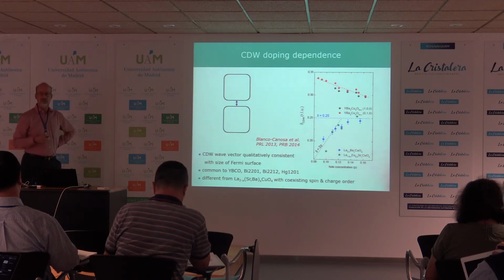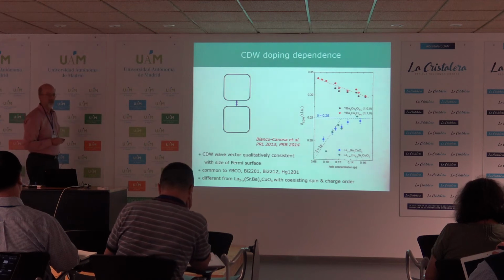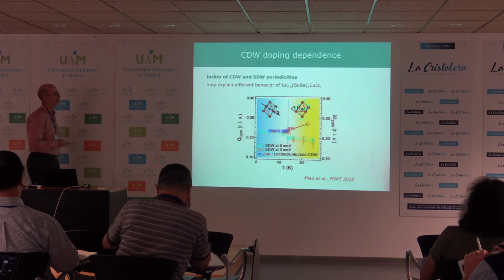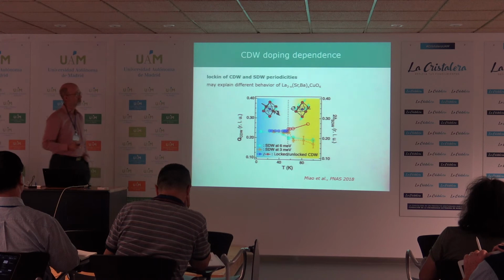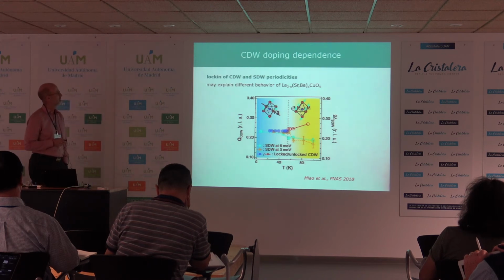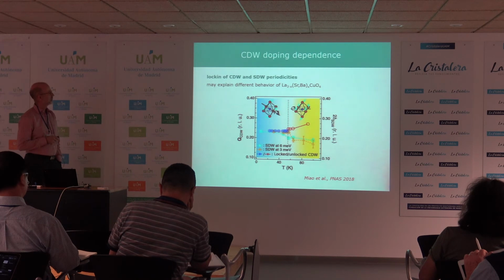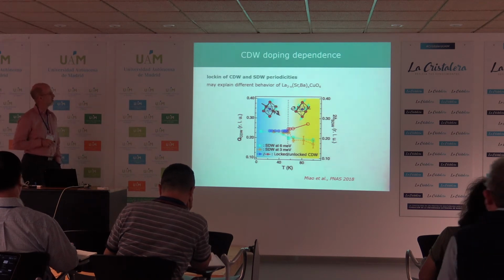This is no doubt a consequence of the fact that you're now dealing with stripe order here, with a magnetic and a charge component. Recently there's been some work elucidating the wave vector of spin and charge density waves in this material. This is by Mark Dean's group at Brookhaven, who looked at both spin and charge density wave in the same material.